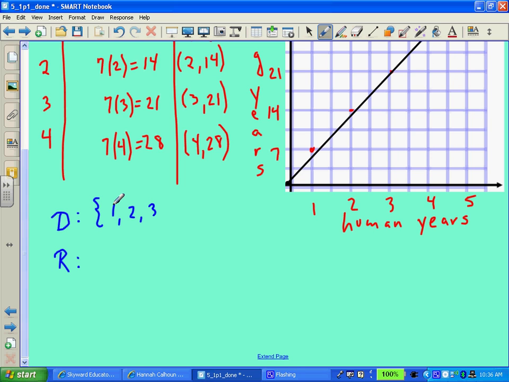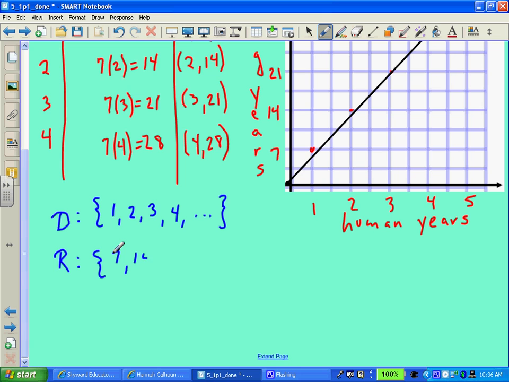Now, it makes sense that human years would go up by ones, and that they would just keep going. And we'd show that by a dot, dot, dot, meaning it's just going to continue to go up by ones. Now the range would be the dog years.